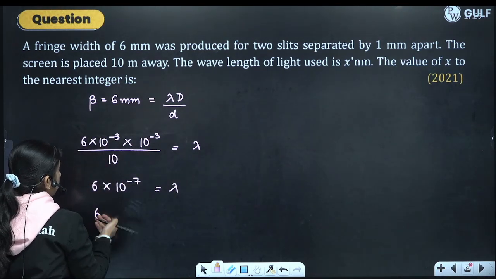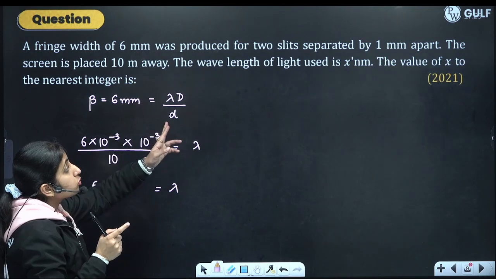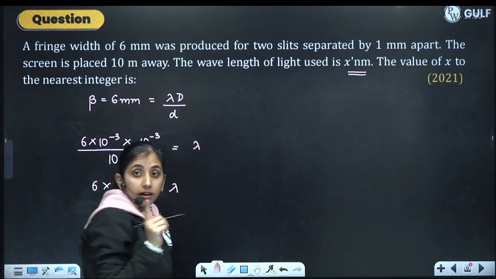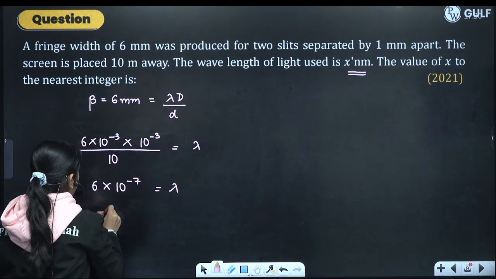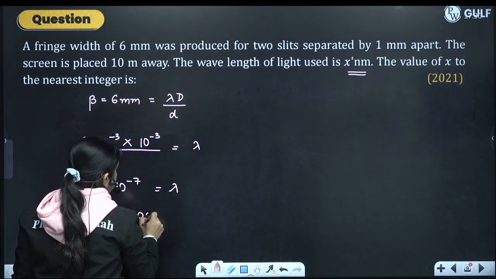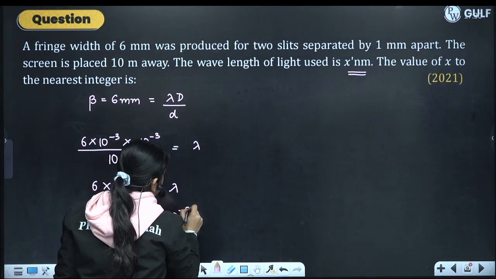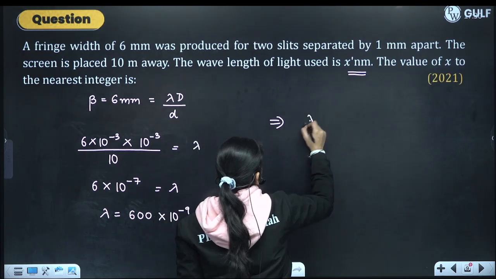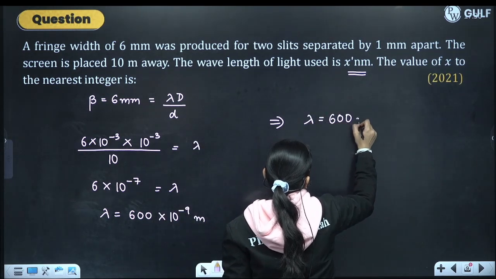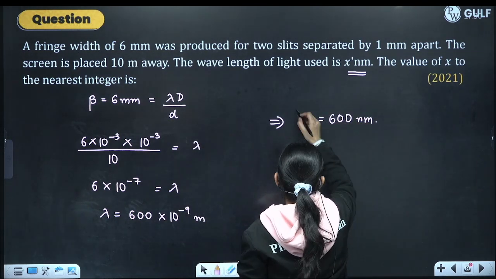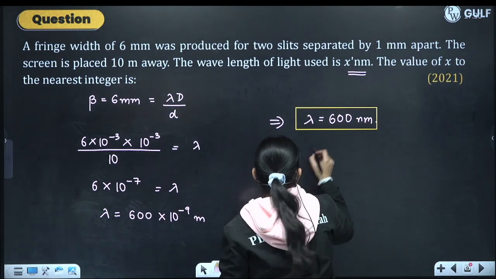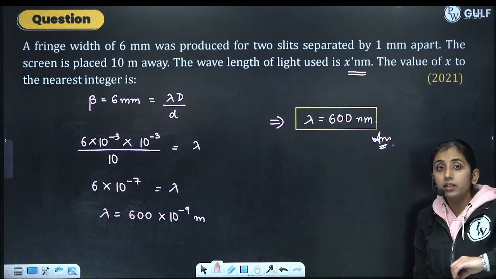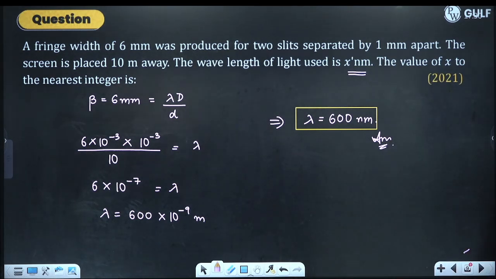We have to put it in 10 raised to the power minus 9 because we have nanometers. So lambda will be equal to 600 into 10 raised to the power minus 9 meter, that is 600 nanometers. So X prime is 600. You will enter the integer as 600.